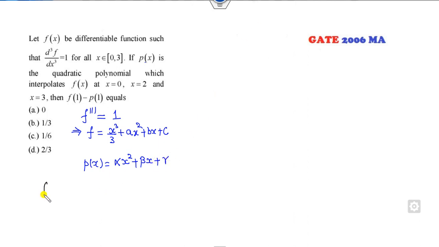Then your target is to find the value of f of 1 minus p of 1. What is f of 1? 1 over 3, sorry, it's a cube, it's 6. So it's 1 over 6 plus a plus b plus c minus alpha minus beta minus gamma. Now what is given to you? The polynomial is interpolated at these points.